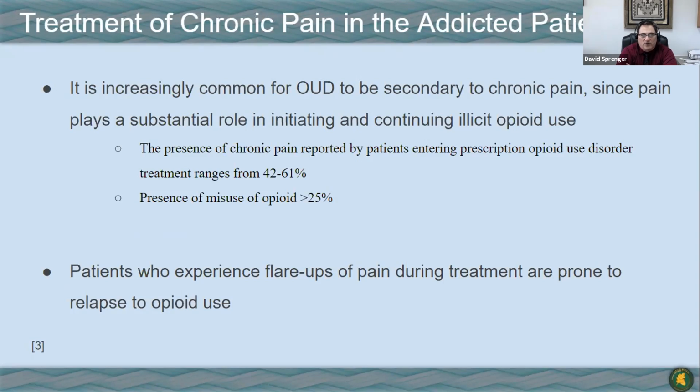It's very, very common for folks with opioid use disorder to have a chronic pain condition. As a matter of fact, chronic pain treatment is a very, very common antecedent to opioid use disorder.